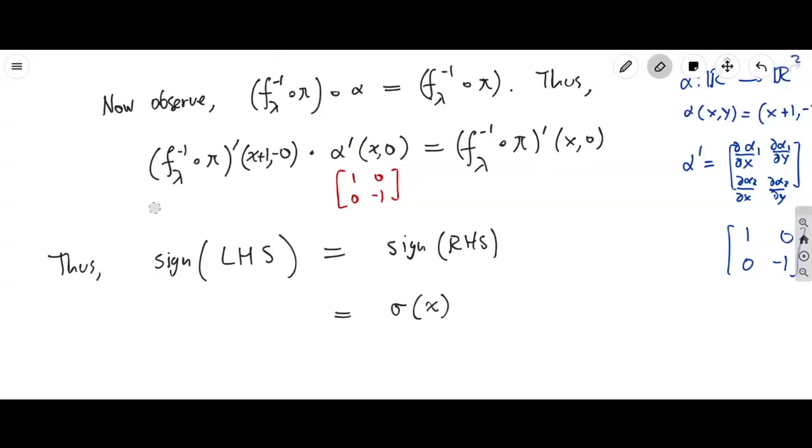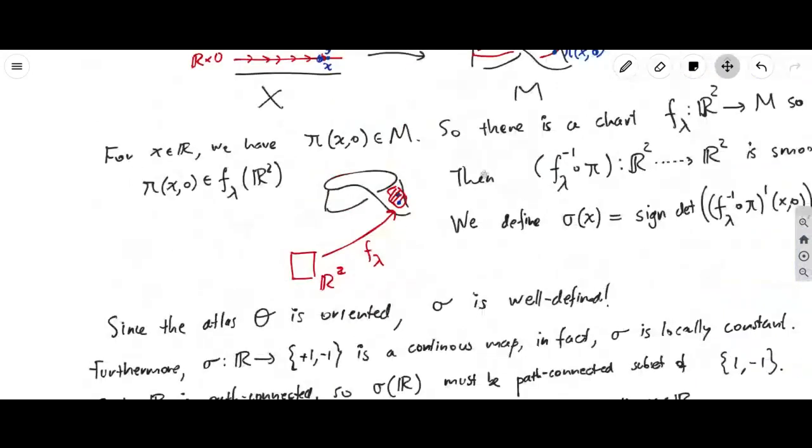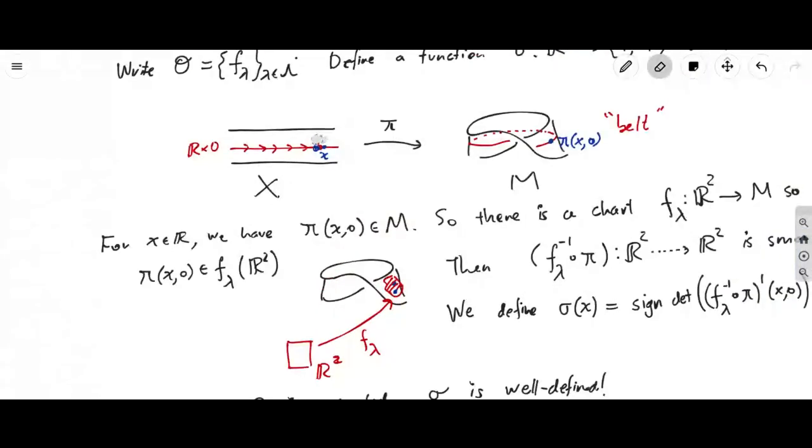Now, here we have not x, we have x plus 1. You see, by using alpha, we have translated something on the belt. So it's still at 0 because that's negative 0, but this is now x plus 1. It's a different point, but it's still in the same chart, because when you go around the belt, if you have x and you move it over by x plus 1, it's a different point in x, but on the Mobius band, you kind of go around and you're back there again.